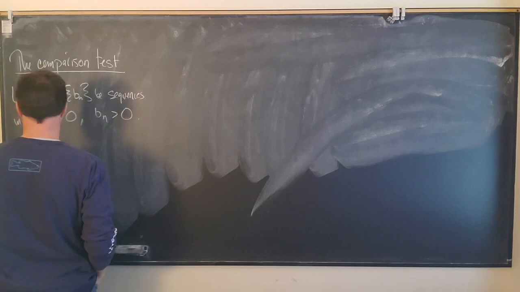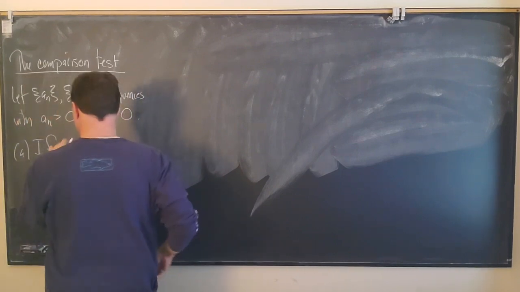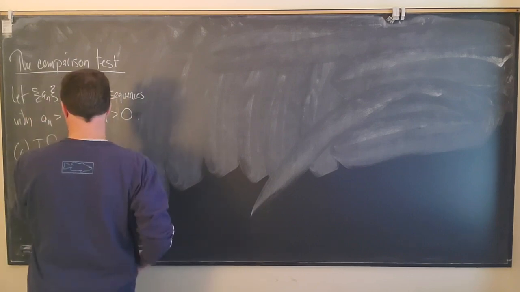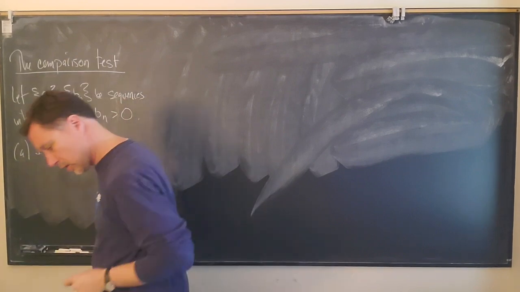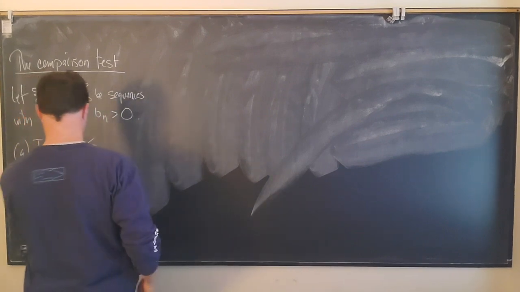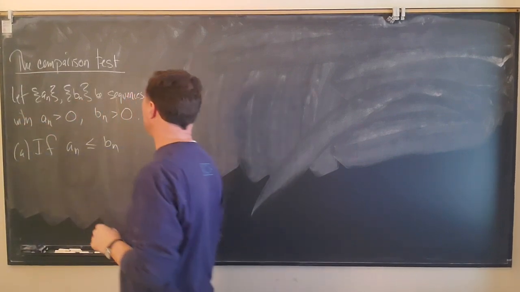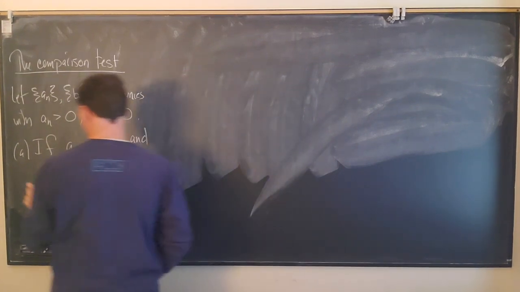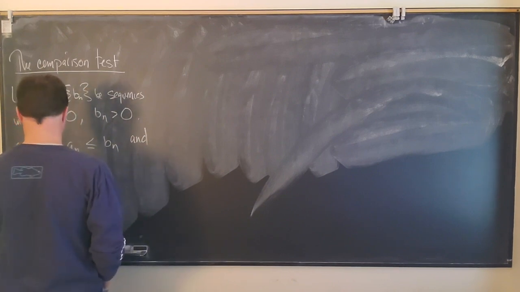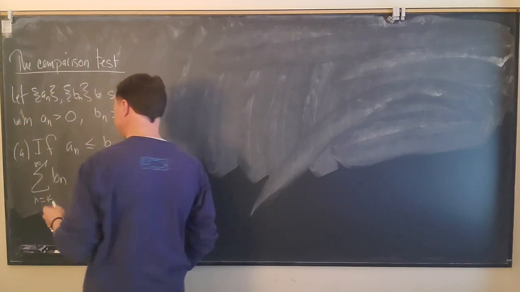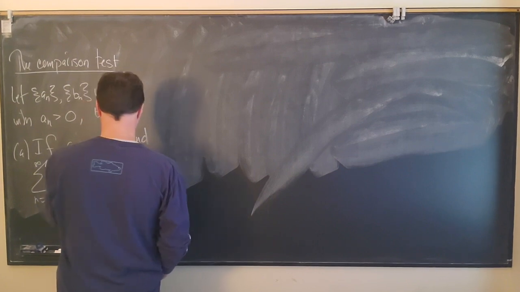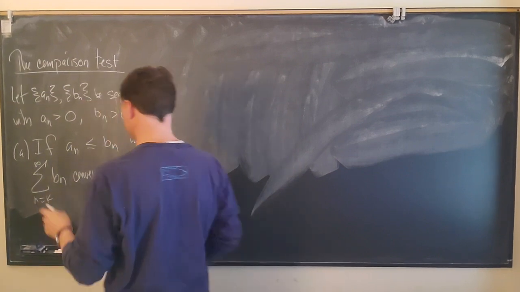So two parts to this comparison test. So if a_n is always less than or equal to b_n, and the sum from n equals k to infinity of b_n converges, then our conclusion is that the series with the a_n's converges.